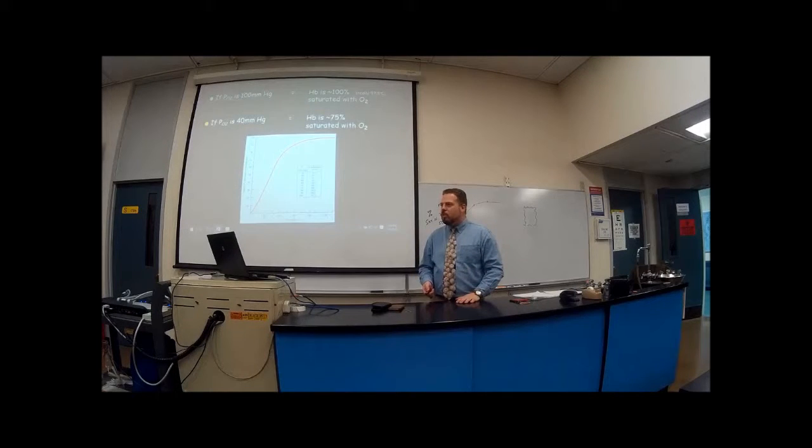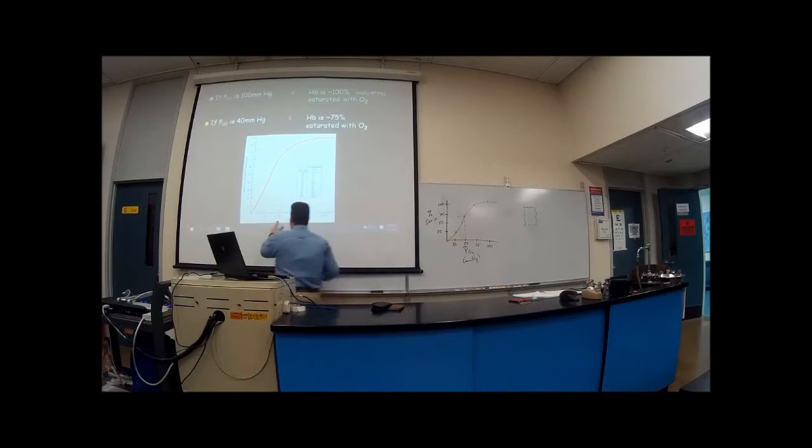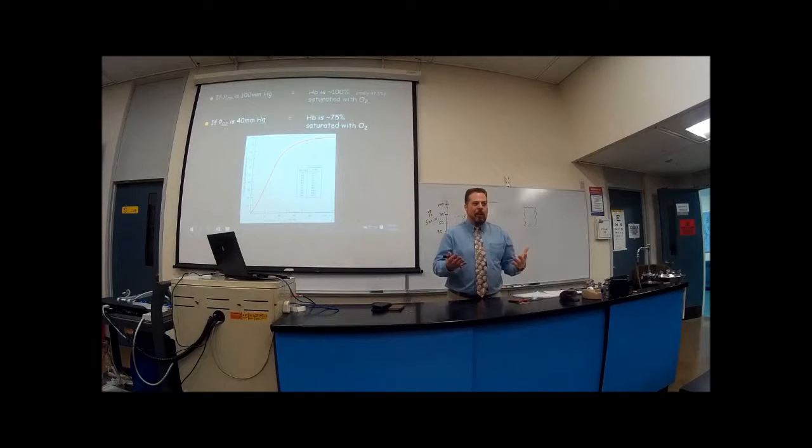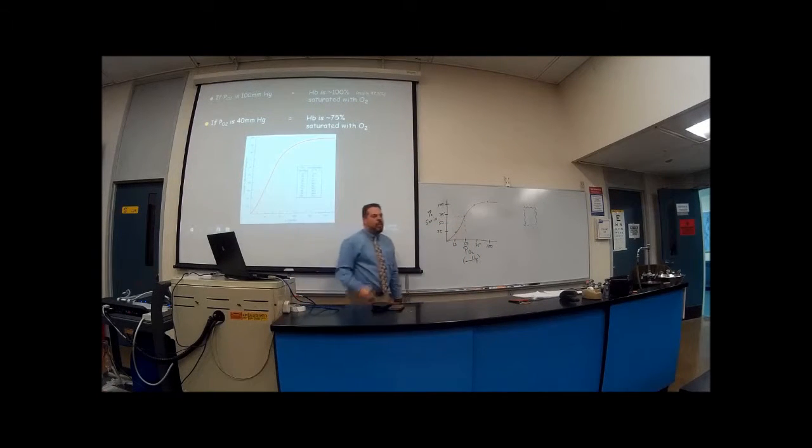Does that make sense? So if the PO2 is at 40, the hemoglobin is at 75. At 40, at low levels of oxygen, you're 3/4 saturated. That's amazing. I'm trying to show you the significance of this and how many questions there are going to be on this. You see that? At 40 millimeters of mercury, you're 75% saturated.